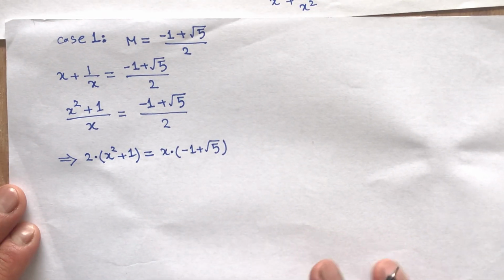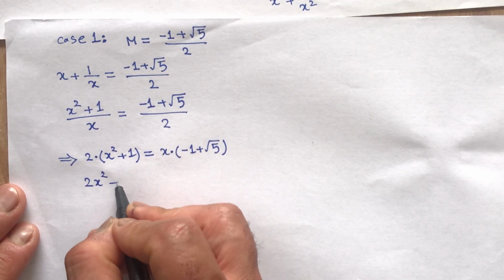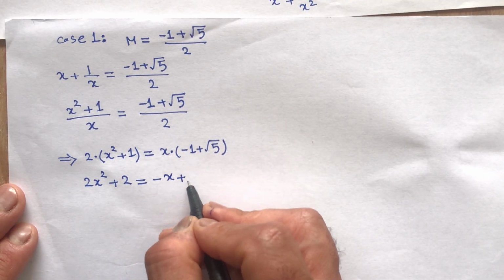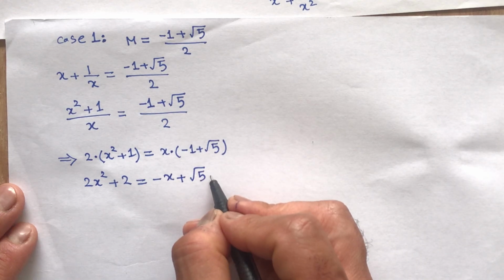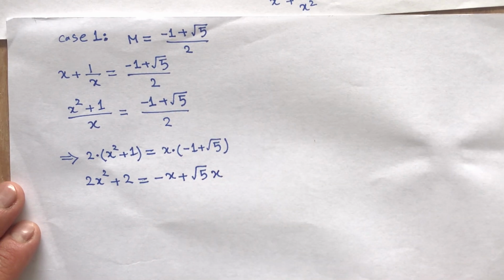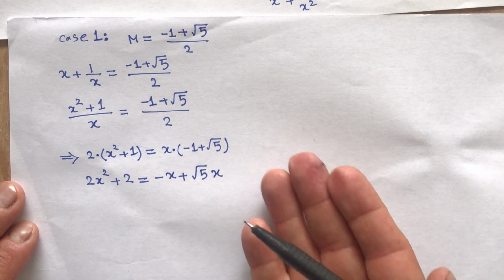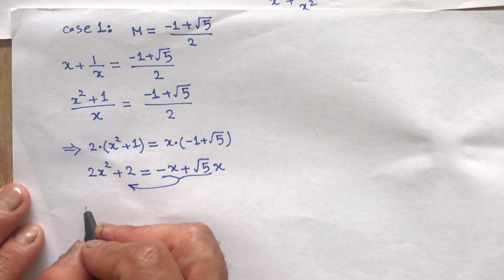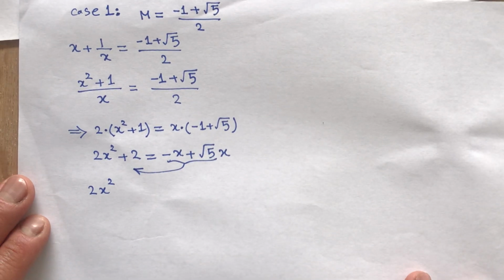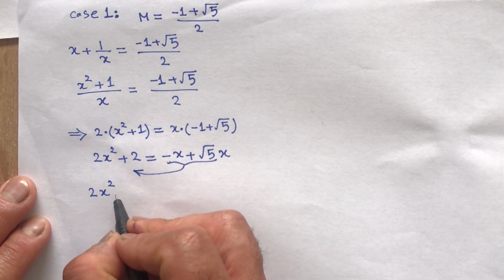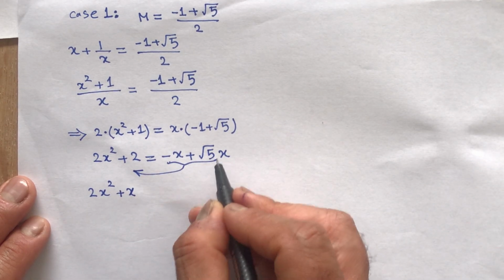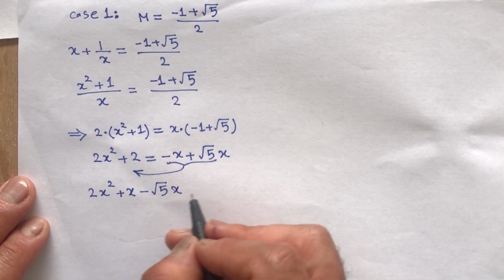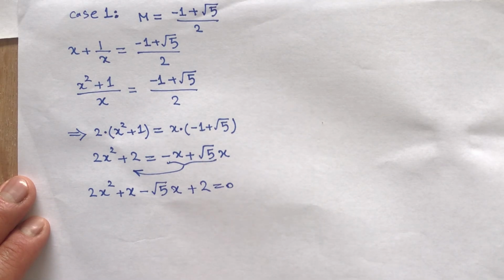Okay? Now, 2x squared plus 2, multiply this is minus x plus square root of 5 x, or you can just leave it like here, and we can take these terms to the left side. 2x squared now is plus x minus square root of 5 x, and 2 remains here, equals 0.